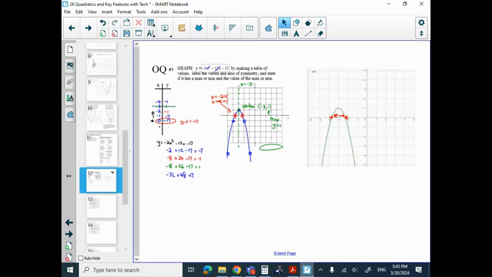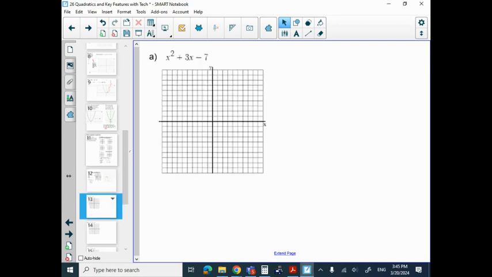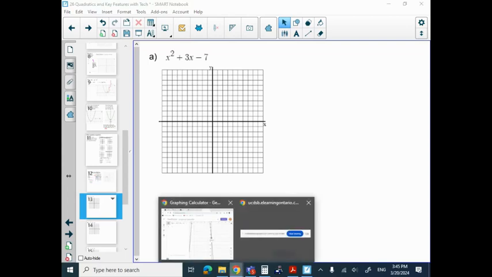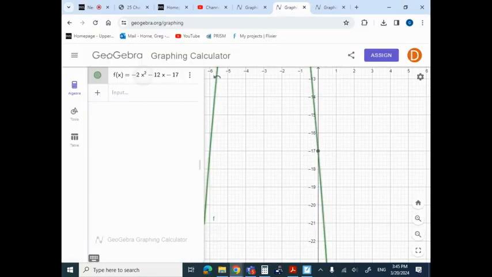And so we could also do that for this one here. This is the one that I posted a help video on to do with the second day, sorry, for lesson 25. So we can do that one too, x squared plus 3x minus 7. So x squared, I just have to modify that one. So it's just going to be an x squared, so get rid of this stuff.